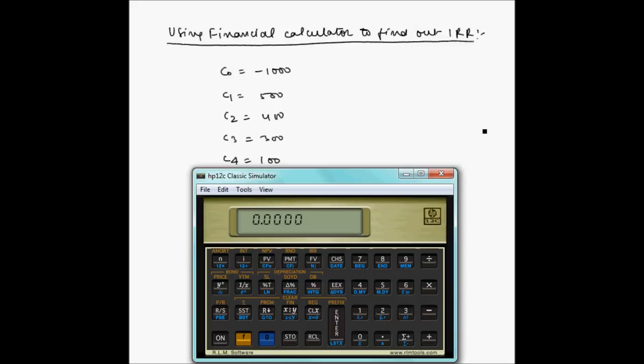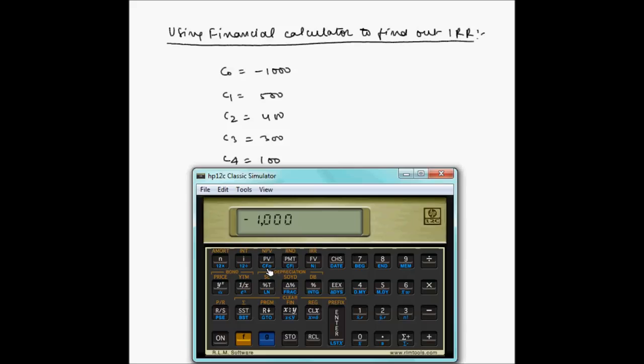Now the method to use the financial calculator is that first we enter a number and then let the calculator know what that number stands for. So first we'll enter the value of CF0 or C0. So 1000. Now this is negative, so we'll change the sign.